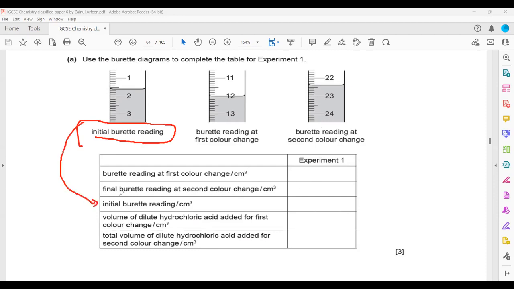We have to fill this row. It is between 1 and 2, with 1.5 there, and we read the bottom of the meniscus, so it is 1.6. The unit is already given as cm cube, so it will be 1.6 cm cube. Is it clear?